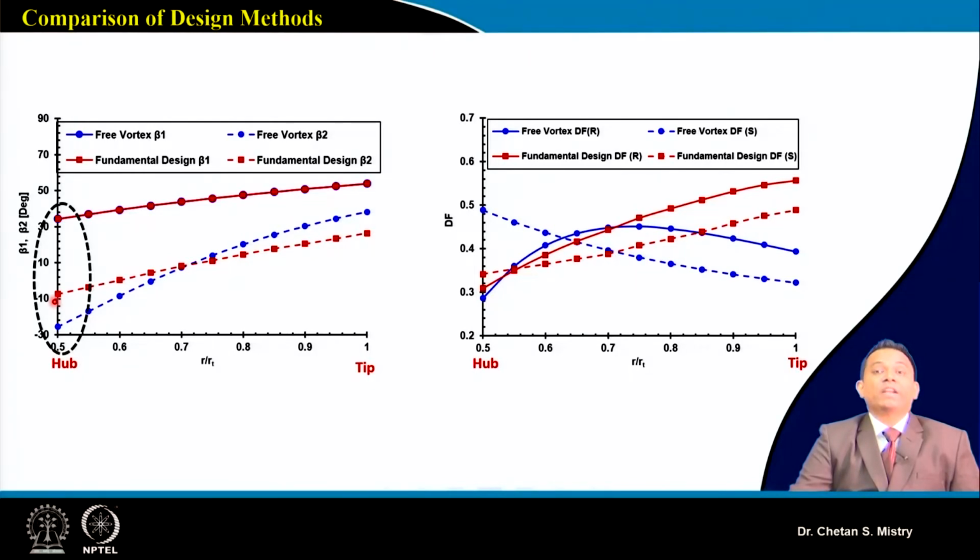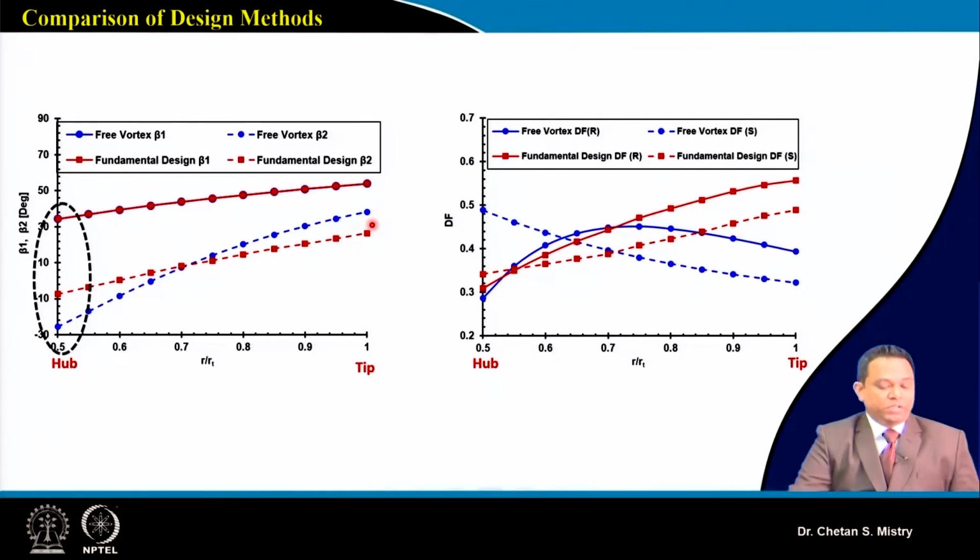That gives me a lower delta beta near the hub region. In line with that, near the tip region, the delta beta for the fundamental method comes out on the higher side.